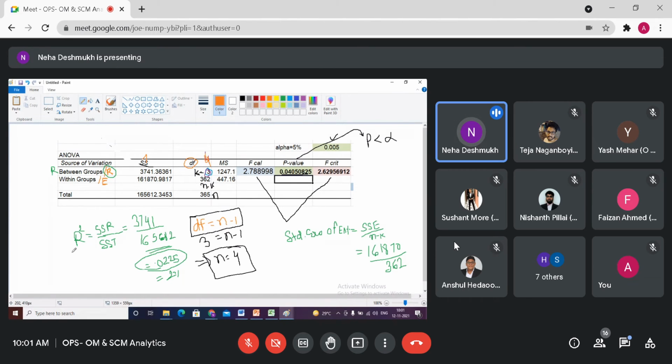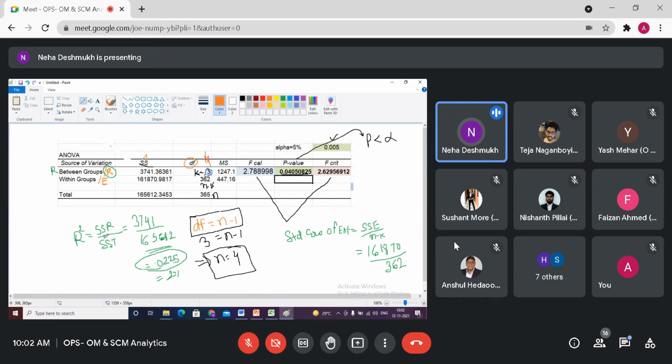So the coefficient of determination you can calculate by sum of square of regression upon sum of square of total. By this way, you can interpret the ANOVA table. What is P? What is F? What is the interpretation from P and from F?